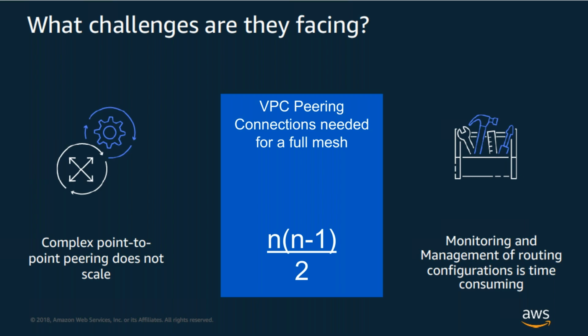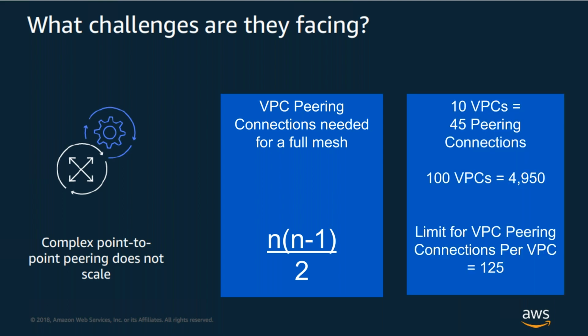To connect all of your VPCs together in a full mesh, you could use a formula to work out how the VPC peering would expand exponentially as you added VPCs. For 10 VPCs, you'd literally have 45 different connections to make sure they were in a full mesh.